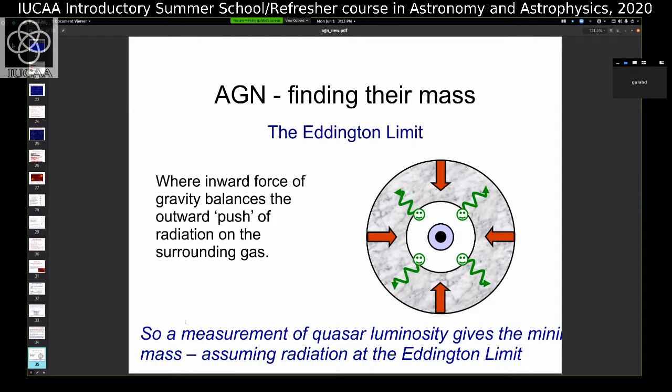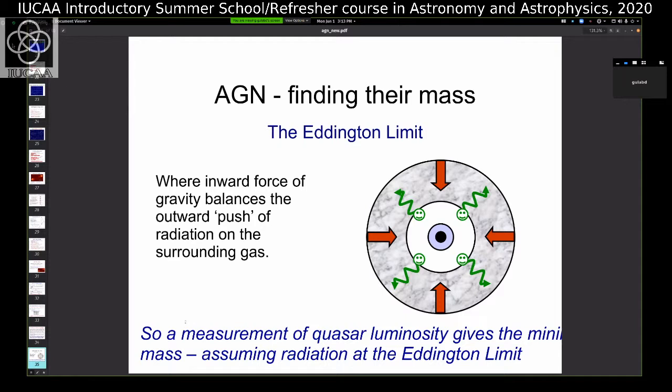So by measuring the luminosity, one can estimate the mass, because the inward pull of gravity and the outward radiation pressure force have to balance. Otherwise the object will not be stable.